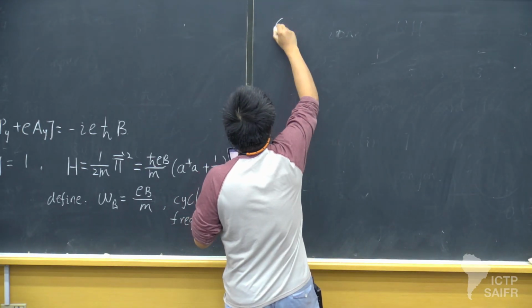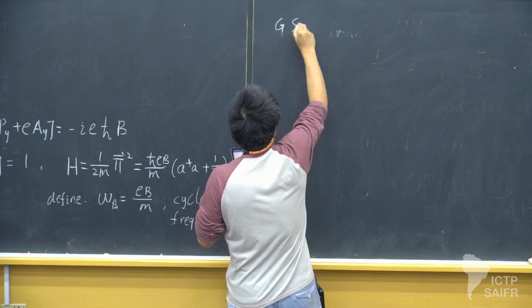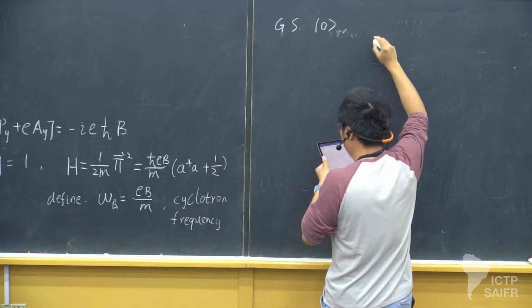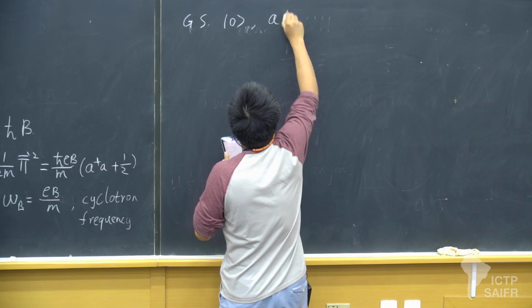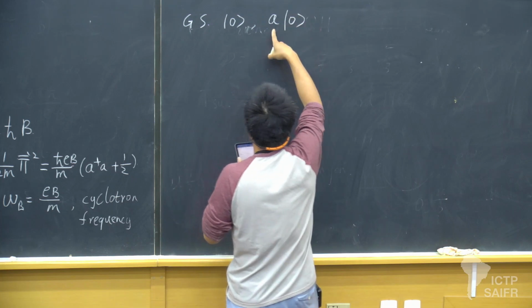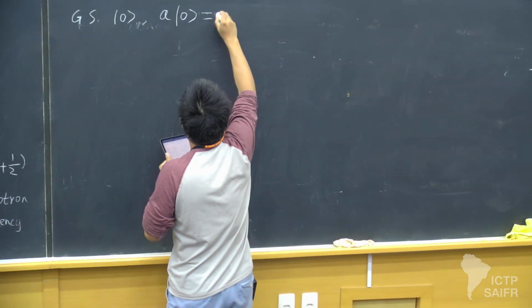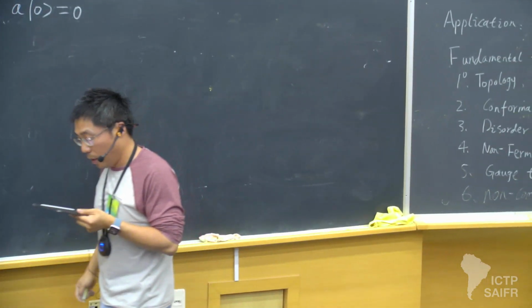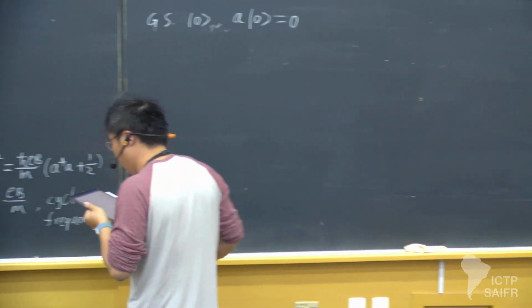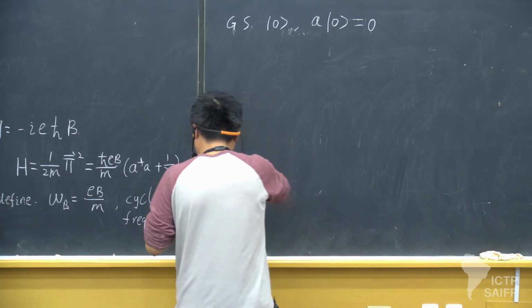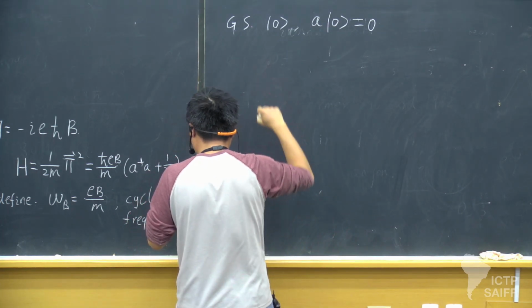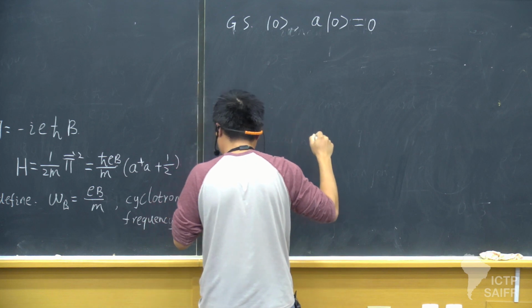We can first start with the ground state that I call |0>, and it satisfies the relation that if I apply the annihilation operator a to the ground state, I just get 0. That's just a harmonic oscillator, right?